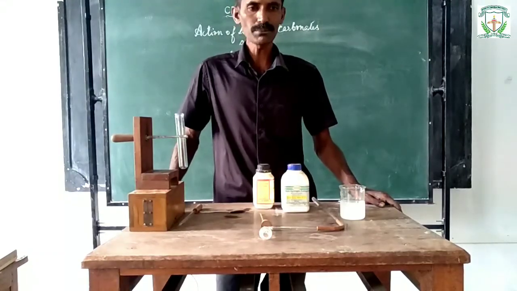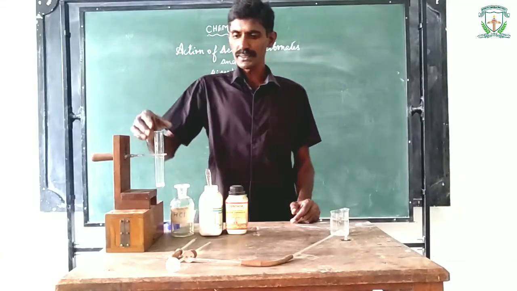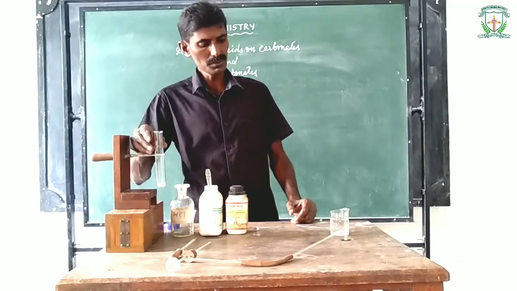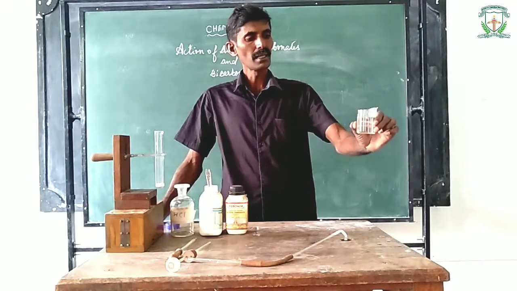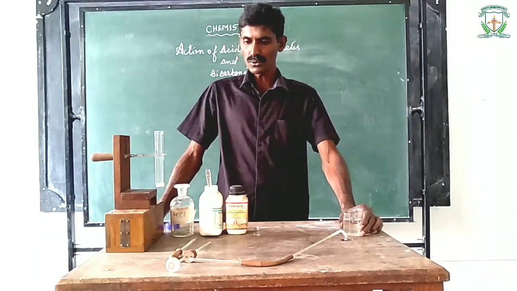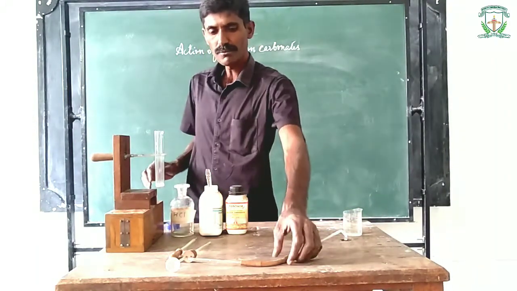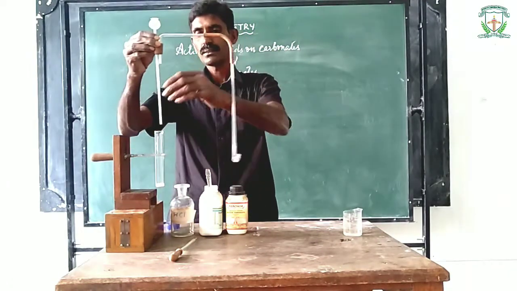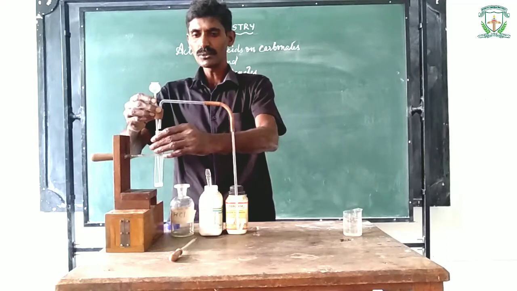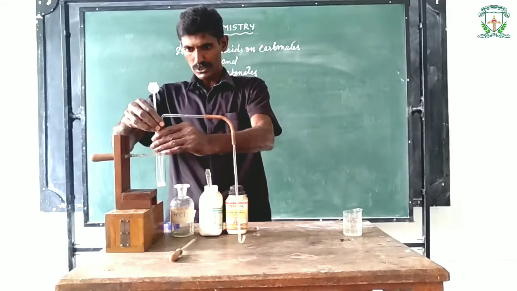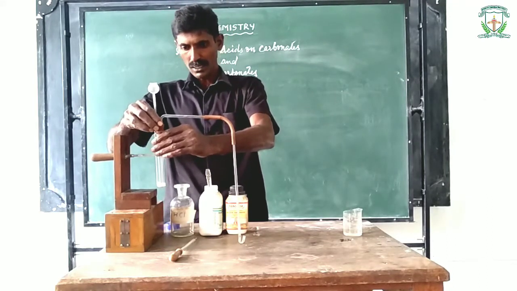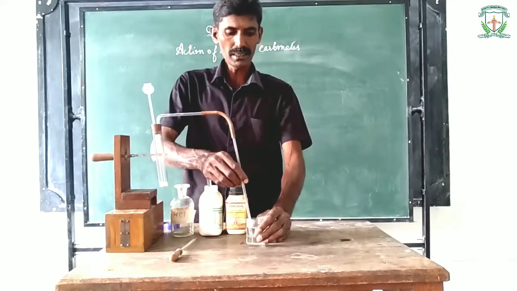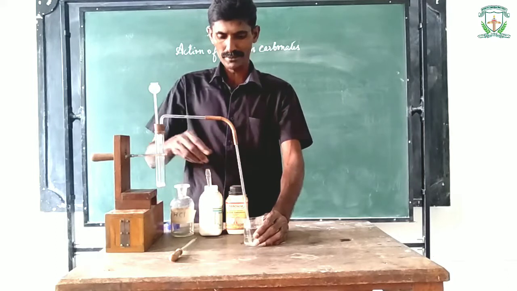Let's start the experiment. I have taken a few grams of sodium bicarbonate in the test tube. Here is the lime water. Now I am going to fix the two-holed rubber cork into the test tube, and I dip the other end of the delivery tube into the lime water.